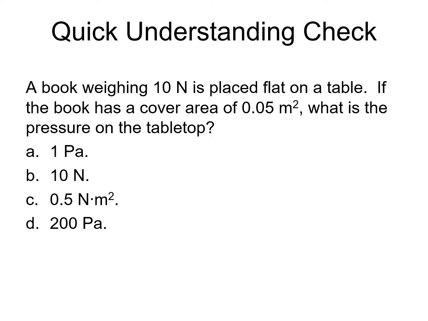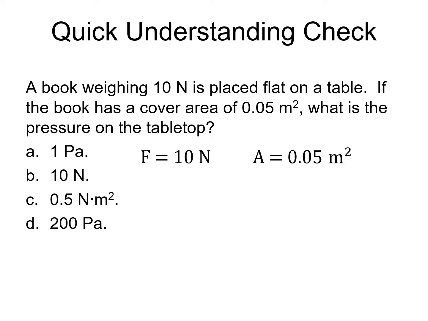A book weighing 10 newtons is placed flat on the table. If the book has a cover area of 0.05 square meters, what is the pressure on the tabletop? All you have to do is apply the pressure formula. Let's identify what we know.